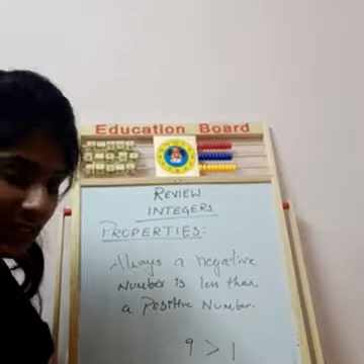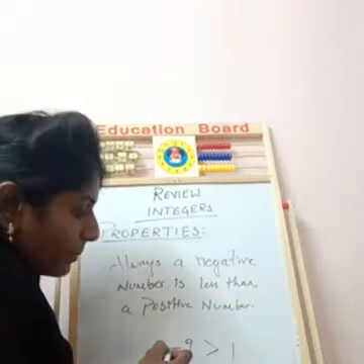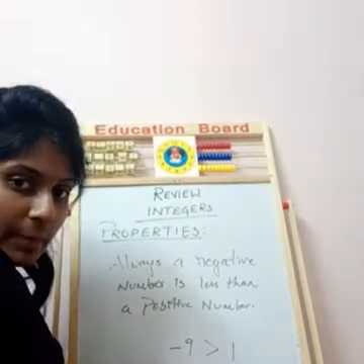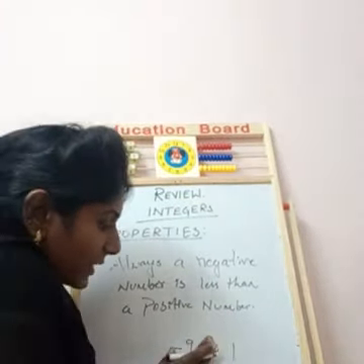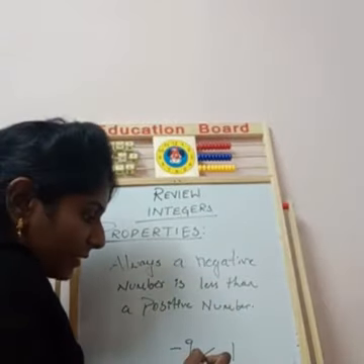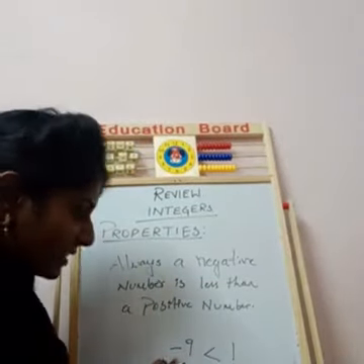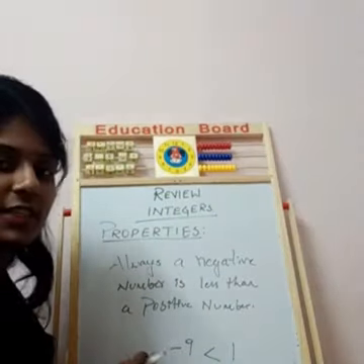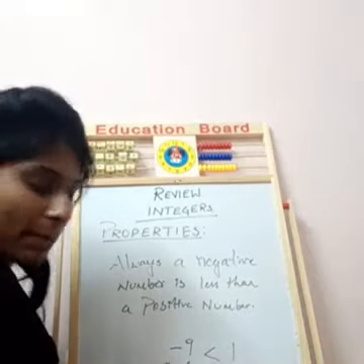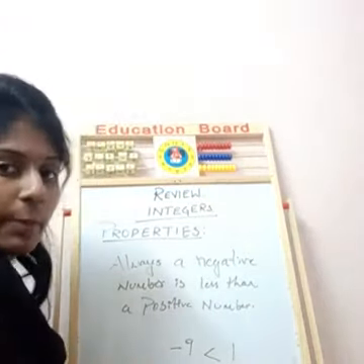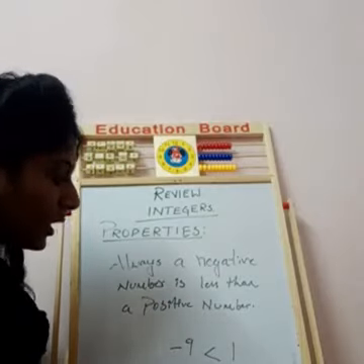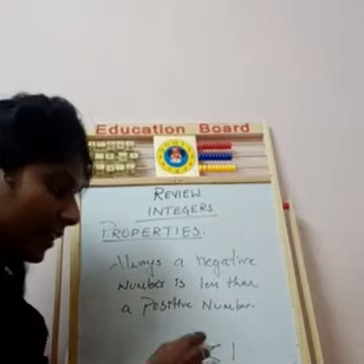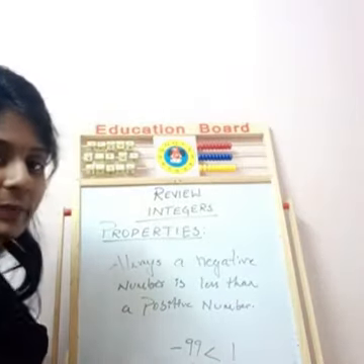If I say this is minus 9, that is, a negative number, this will become less than. Minus 9 is less than 1 because minus 9 is a negative number. A negative number is always less than a positive number. Even if it is minus 99, it is also less than 1.